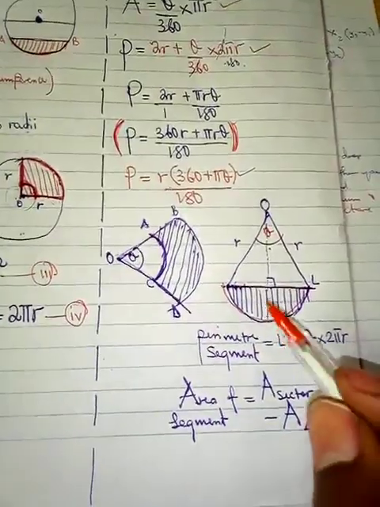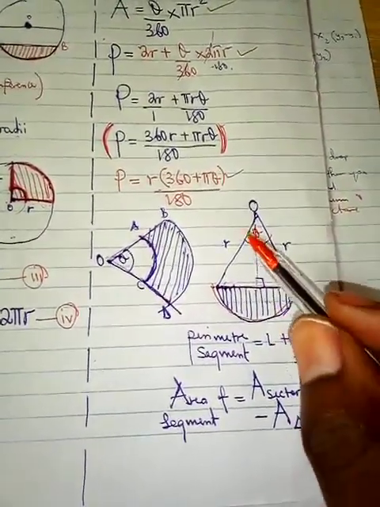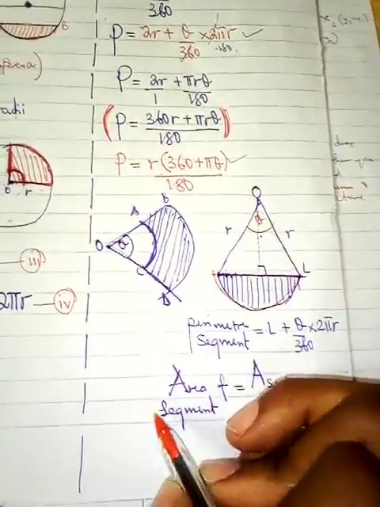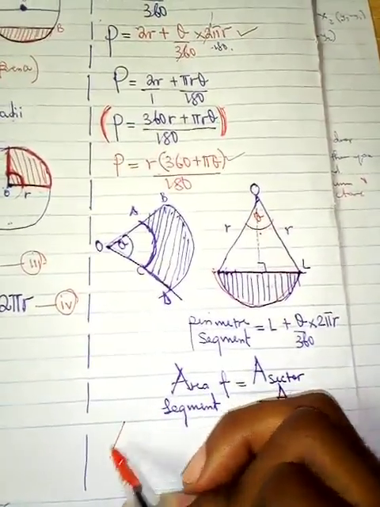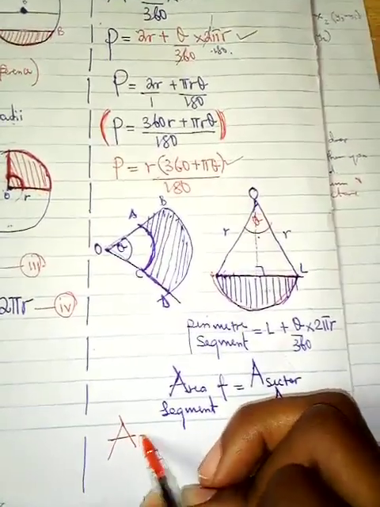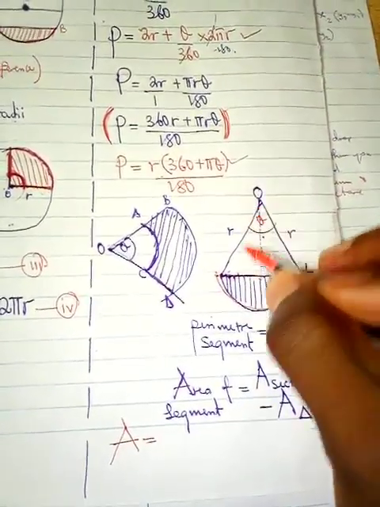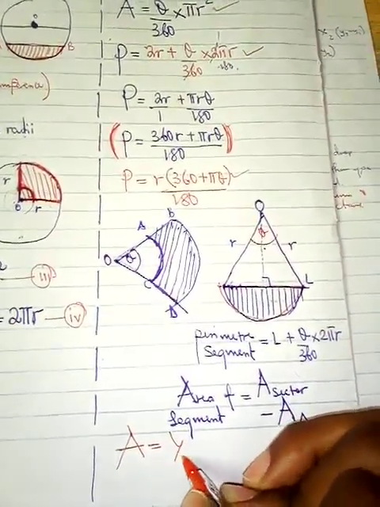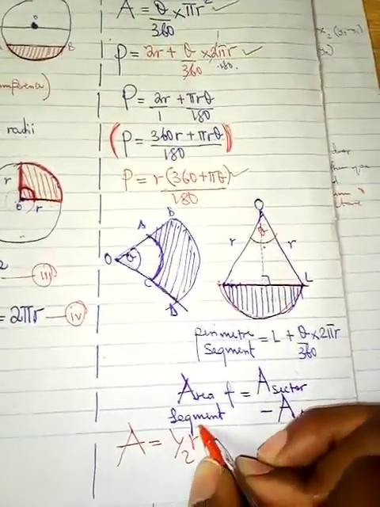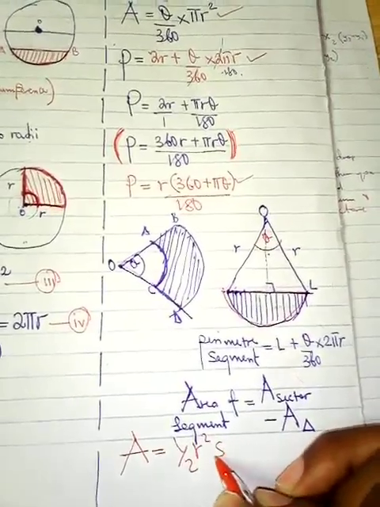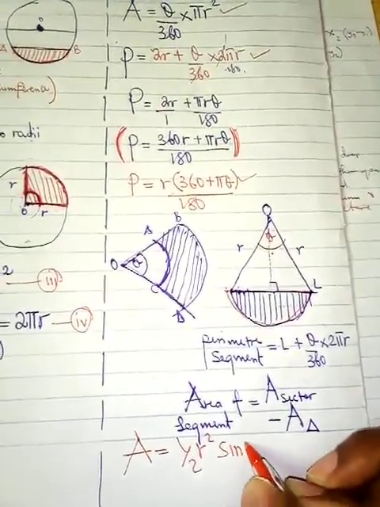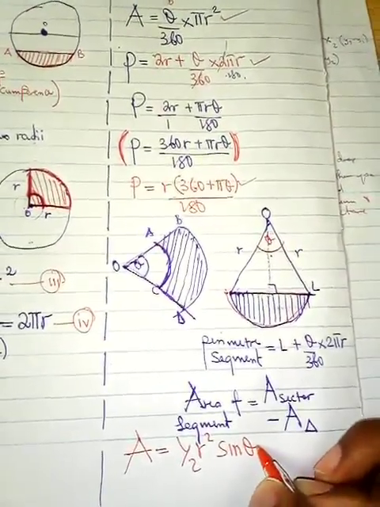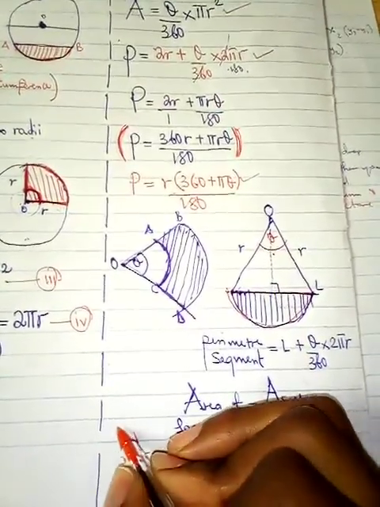Now, in a case whereby you're trying to determine the area of the triangle, the area of the triangle under a sector is going to be given by half r squared sine theta. Half r squared sine theta.